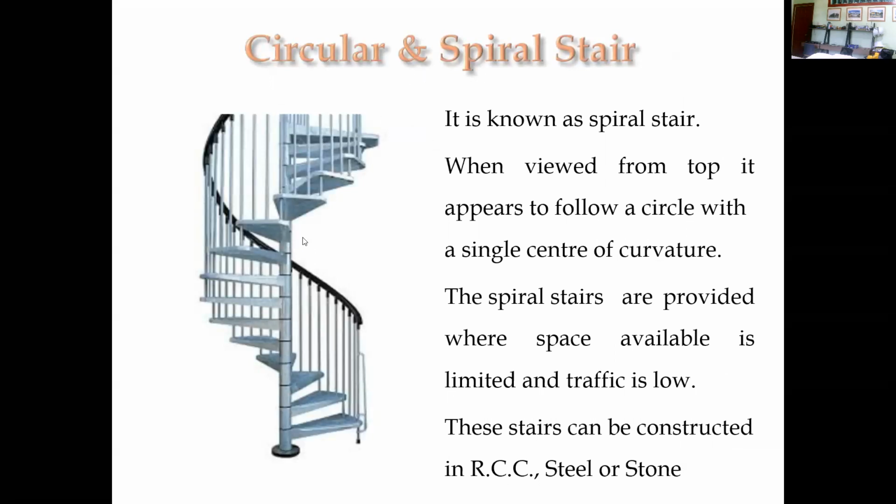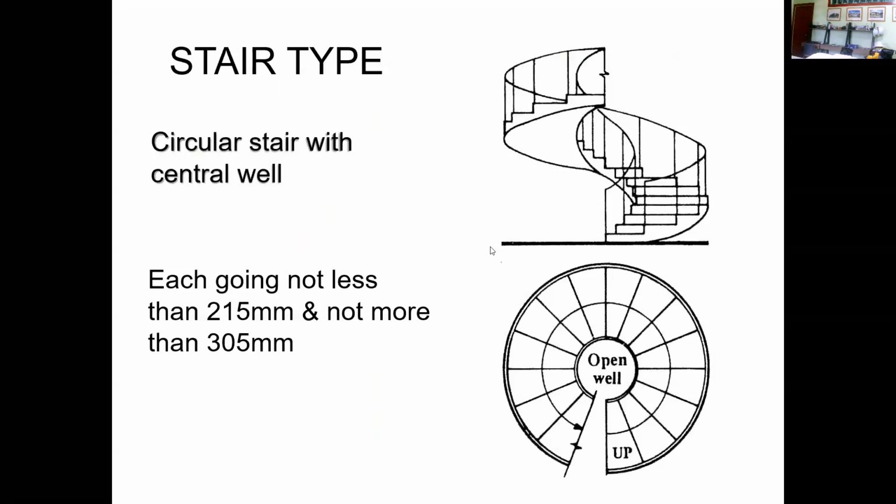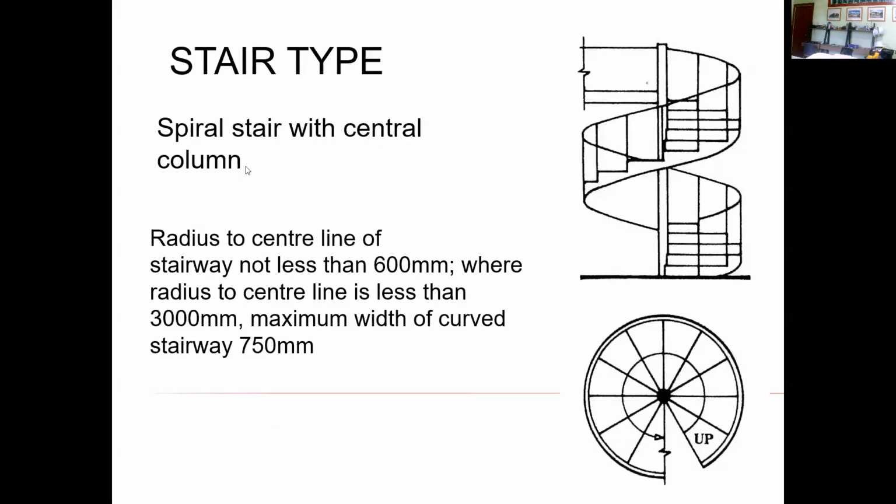This is a more picture perspective. So this is another one. Is this circular stair with central well? So there is an opening inside. As you can see in the samples, we have two different types of circular stair. This is one with the open well. The other one is with the central column.